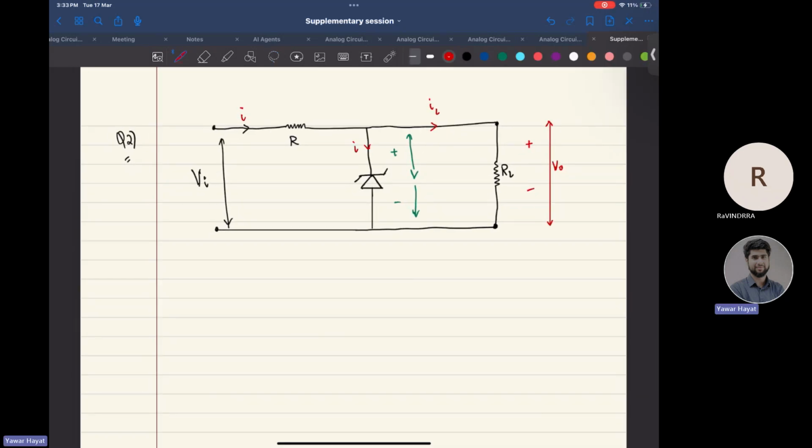Now, what do you need to find? You need to find V output for different values of load resistance, right? For RL equal to infinity, 5 kilo ohm, 2 kilo ohm, and 500 ohm. 500 kilo ohm would be a lot. Okay.